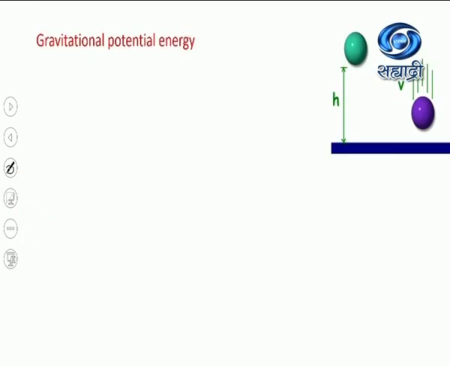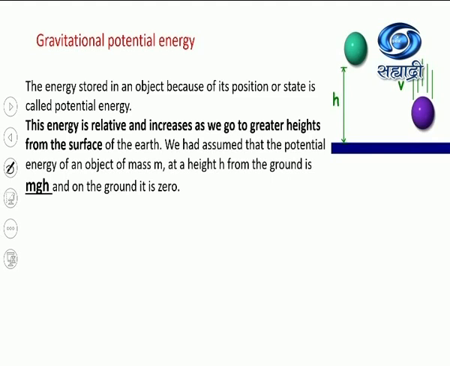Let us move towards the next point, gravitational potential energy. Now children, you have learned about potential energy and kinetic energy in 9th standard. So what is potential energy? It is given by the formula mgh, that you know. The energy stored in an object because of its position or state is called potential energy.